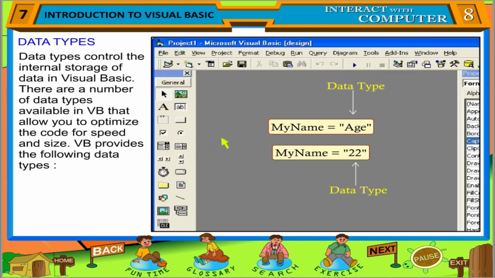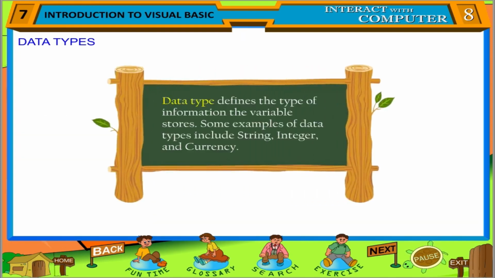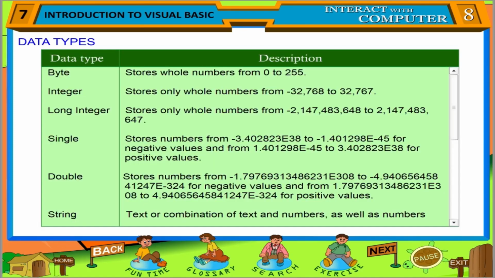Visual Basic provides the following data types: byte, integer, long, single, double, string, date, variant, currency, boolean, object. Data type defines the type of information the variable stores. Some examples of data types include string, integer, and currency. Data type. Description.